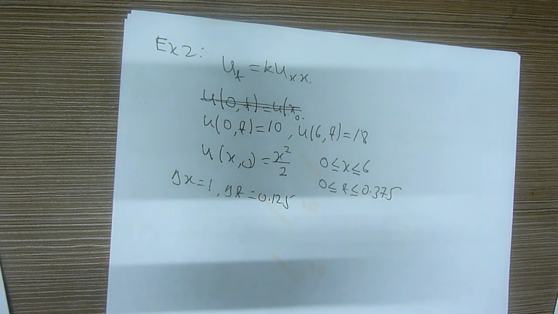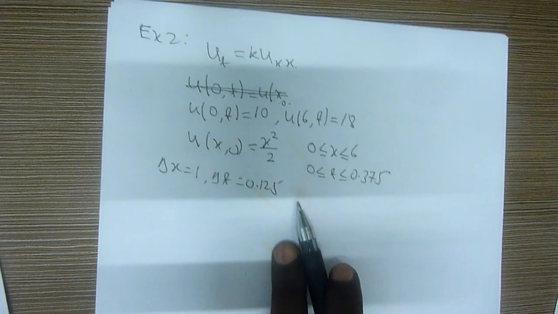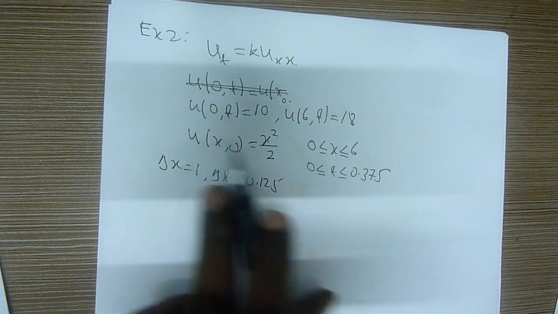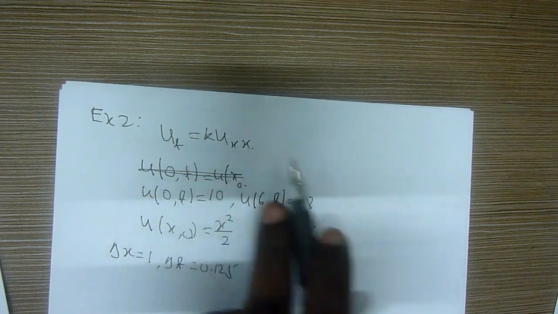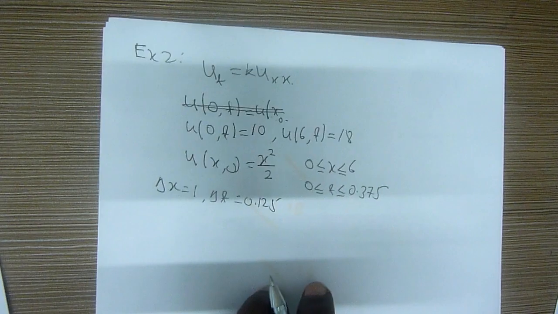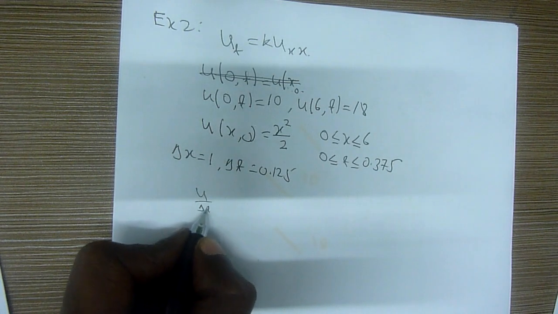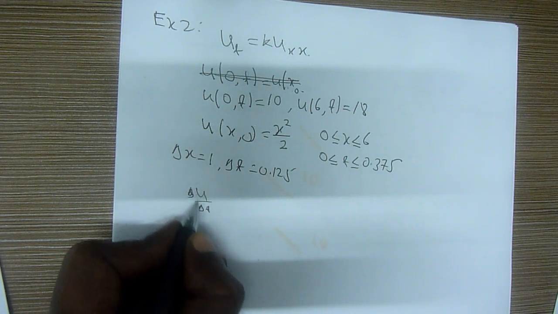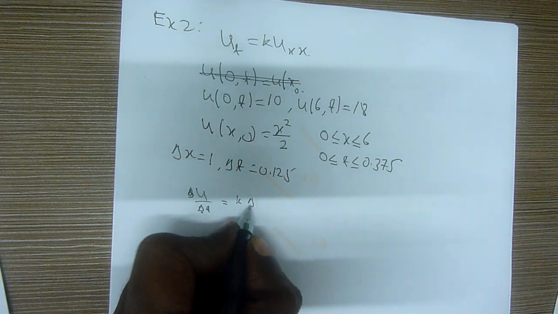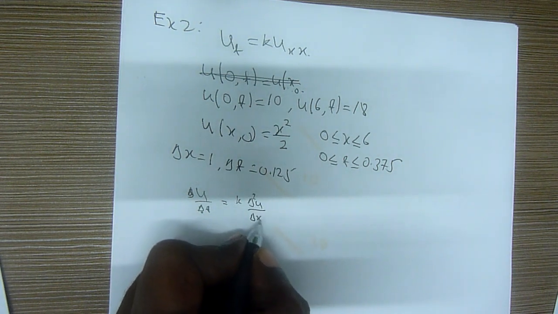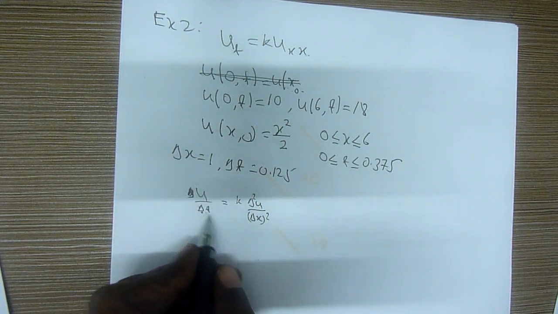First, let us understand this process. Can I identify how to calculate the lambda for this? Can, right? Imagine you divide by del t. You can imagine this is del u over del t, and this one is k, del squared u over del x squared. It's a kind of imagination.